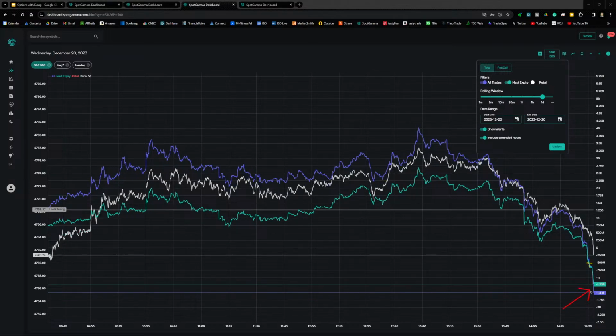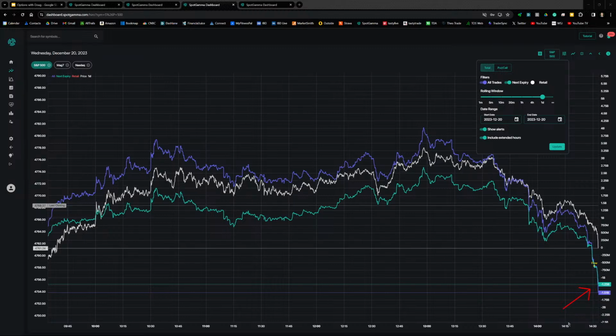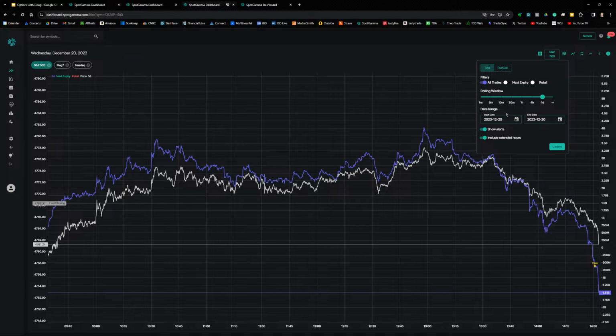These numbers are almost identical, indicating that 0 DTE trades in the S&P 500 are driving quite a bit of the hedging flow, options trades, and price action today. So thanks for pointing that out. And for a stock, the next expiry would be the Friday expiration. For the S&P 500 and NASDAQ, it is today's expiration, and for stocks, it would be the next Friday expiration.